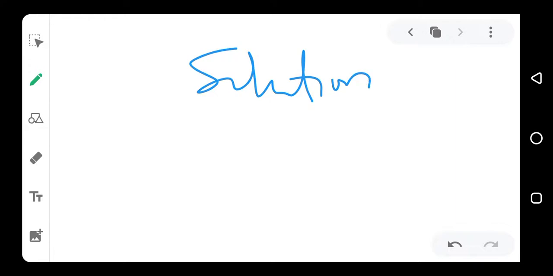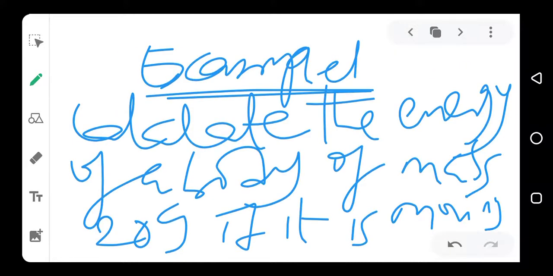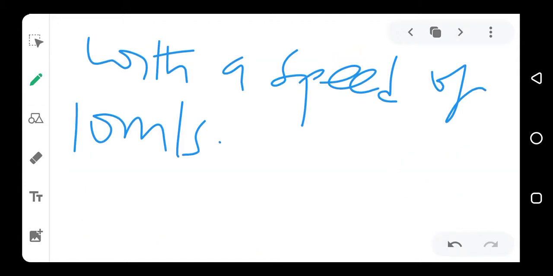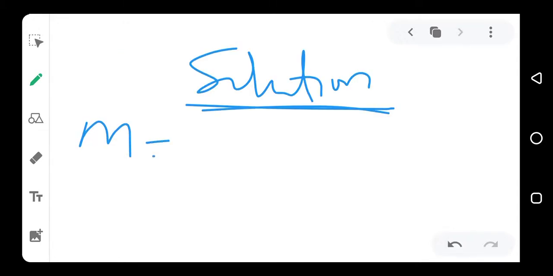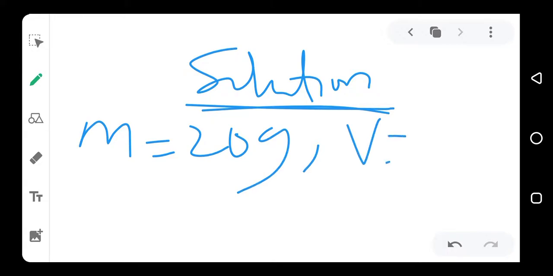Now for us to calculate this, we have to bring out the parameters given to us in the question. The parameters given to us are: number 1, mass of the object, which is 20 gram, and number 2, the speed of the object, which is 10 meter per second. So mass is equal to 20 gram and velocity or speed is equal to 10 meter per second.